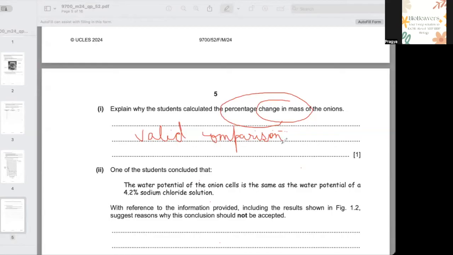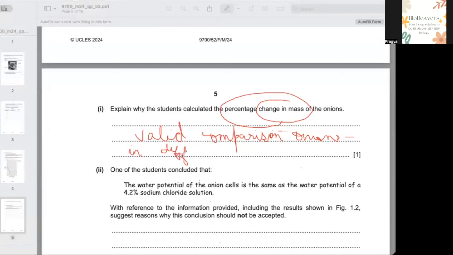You can further extend your answer if you want. Even if you don't want, you can just write that it provides you with a valid comparison. You can go ahead and point out that it allows for valid comparison between onions which are there in different concentrations of sodium chloride. Okay. If you want to write a little bit more, if you're not sure about what valid comparison you are trying to talk about, please don't write it.